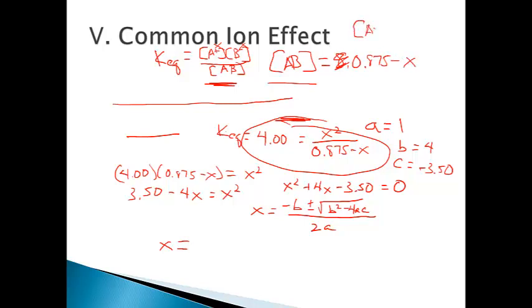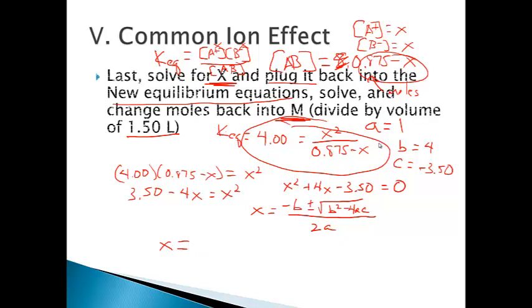Concentration of A plus was equal to x, and concentration of the B minus was also equal to x. Okay? And don't forget, these values were in moles. So once you solve for x, plug it back into that equation, that'll give you moles, and don't forget to divide by the volume, okay, of 1.50 liters.